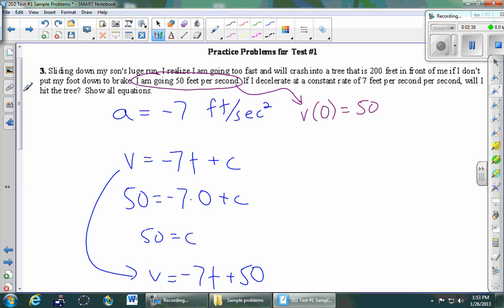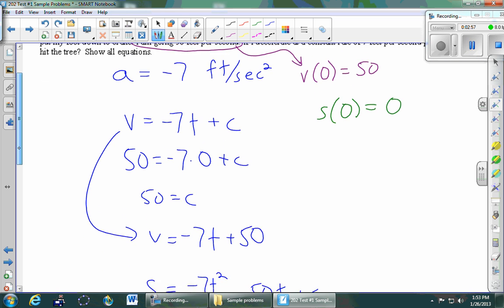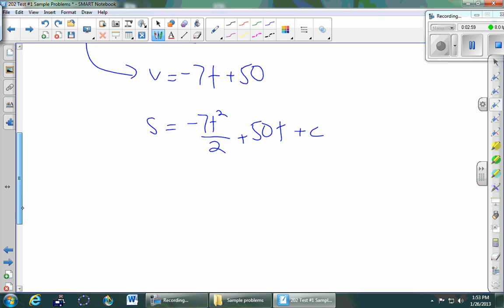So how do we find the constant? Well, all we know here is that the tree is 200 feet in front of the luger. So we're free to decide what we want to call s of 0. You can call it 0, you can call it 200, you can do whatever you want. I'll just call it 0. Say wherever Peter is at the start of this luge ride, or at least when he realizes he's in trouble, we'll call that the 0 feet mark.